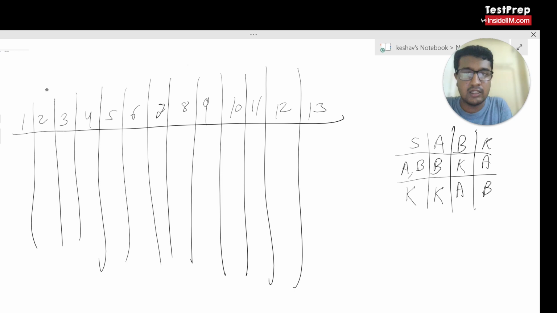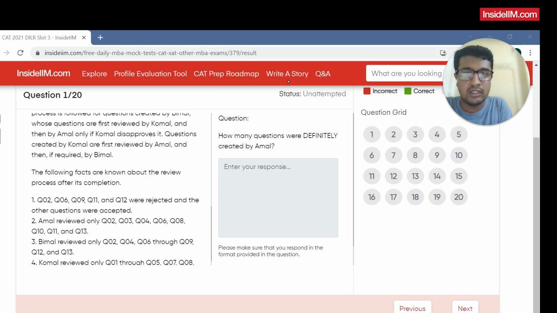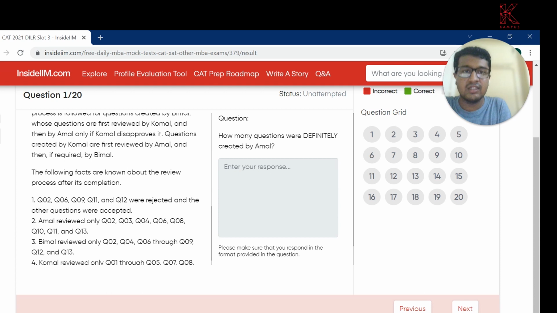So what they've given is questions 2, 6, 9, 11 and 12 were rejected. That's the information given in the first sentence. I'm marking just a cross for the questions rejected and a tick for the accepted ones.